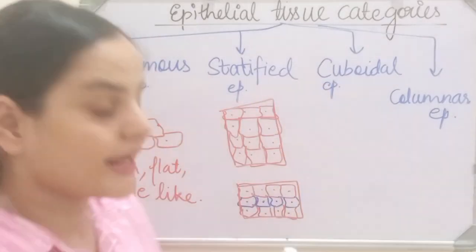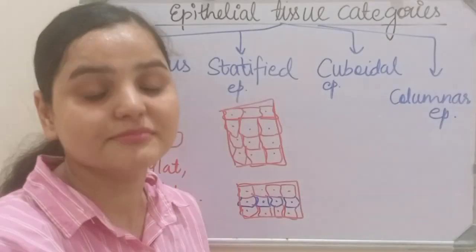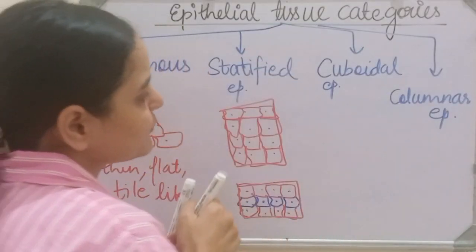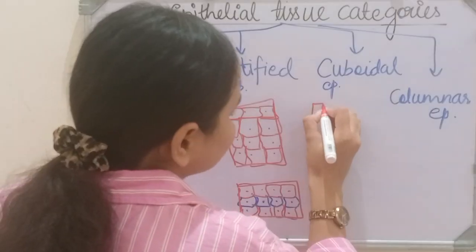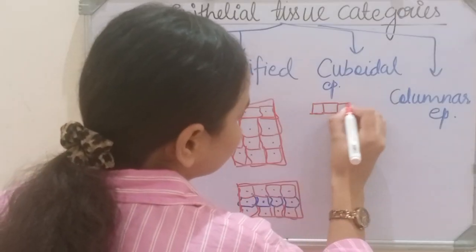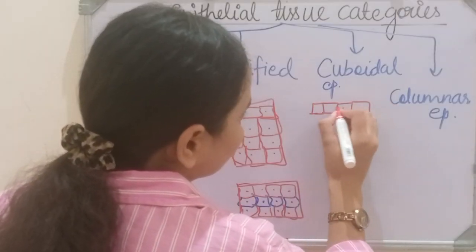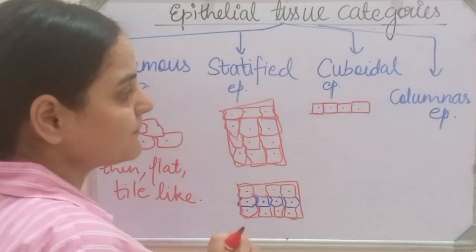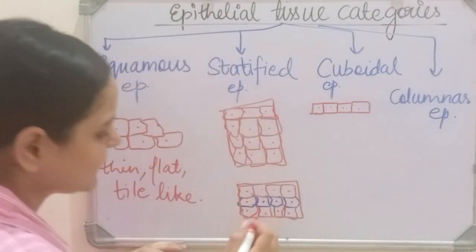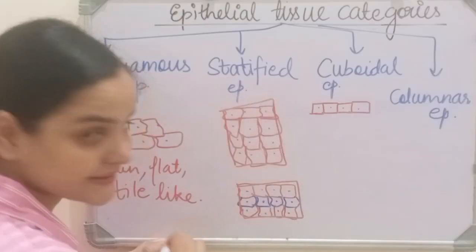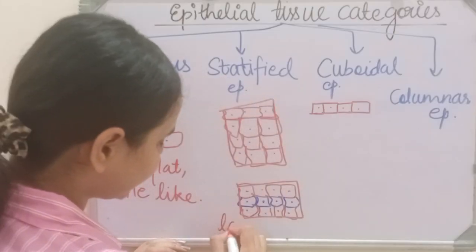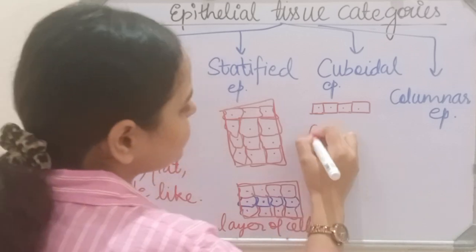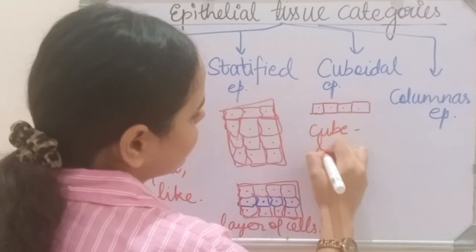Now, cuboidal epithelium. In cuboidal epithelium, the cells look like cubes. They are arranged in the form of cubes. Suppose this is how a cube looks. So, they are cube-like cells. Let me write the stratified epithelium is composed of layers of cells. Here, cube-like cells.